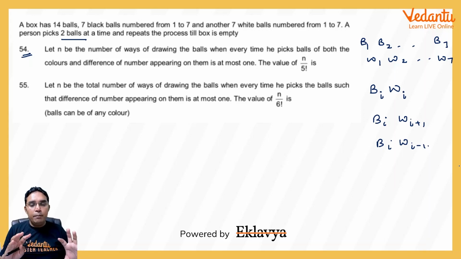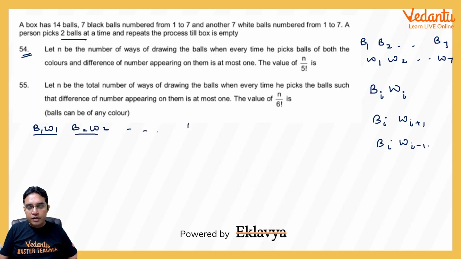Okay, now I will do this question in 2 parts, please understand. First, I will make the combination of black with white balls and then I will arrange them. By making combination, I mean you can place B1 with W1, that is one possibility, B2 with W2 and so on.